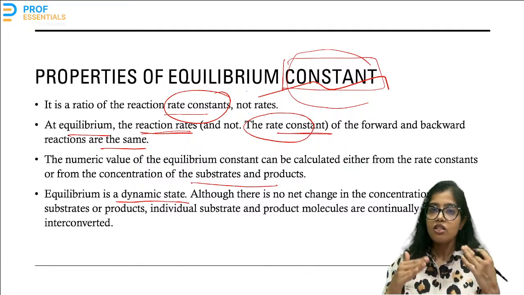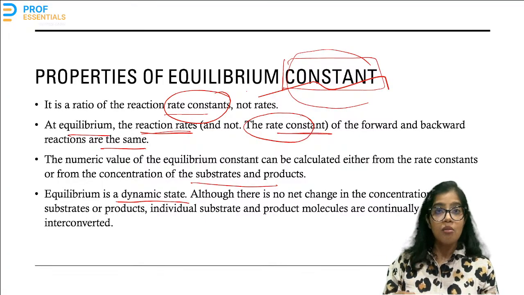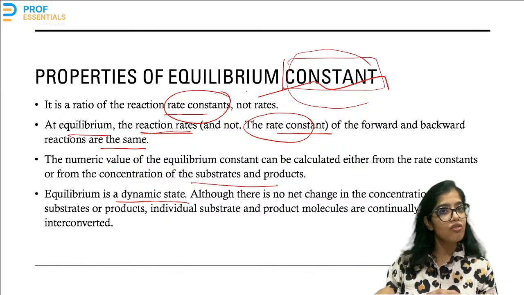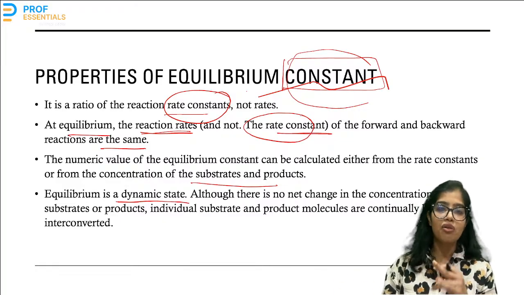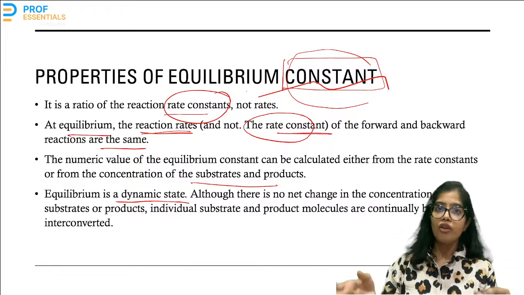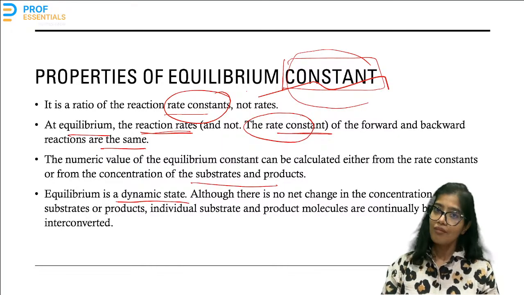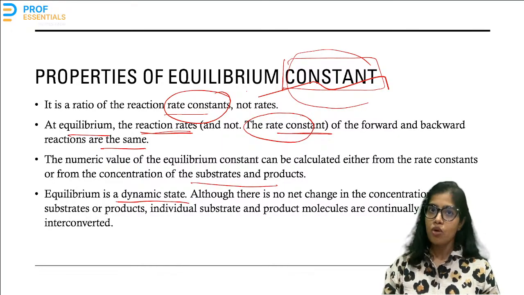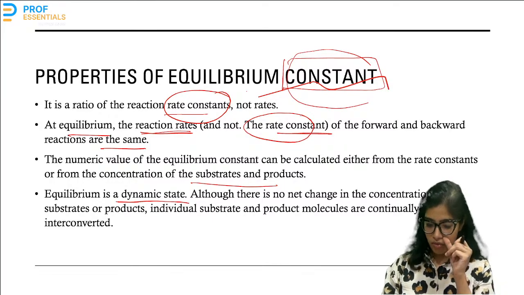Motion is happening, but nothing is visible to the eye, because the rate of formation of the products is the same as the rate of its reconversion back to the reactants. So these are the four very important properties of equilibrium constant, which you should be aware of.